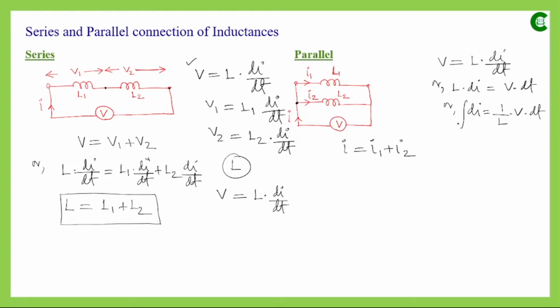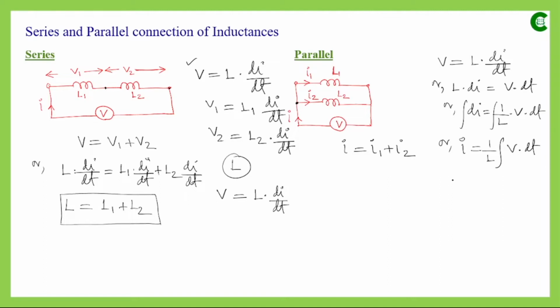Now if we integrate both sides, then the integration of di can be written as I, and 1 by L is constant with respect to time, so we can take that constant term out of the integration. So 1 by L times the integration of V dt. Here voltage is a function of time, since we are using an AC circuit having AC components like inductors.